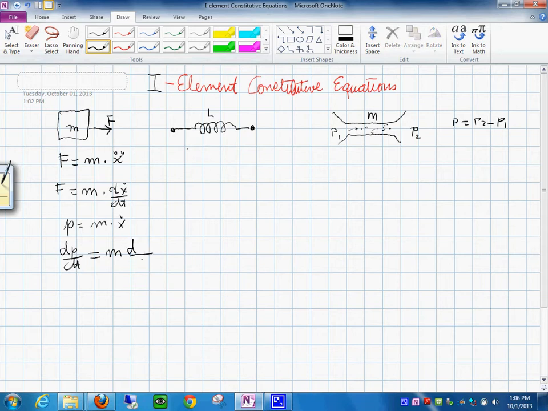You take the derivative d dt of x dot, which is going to become x double dot. And so dp dt is equal to F.